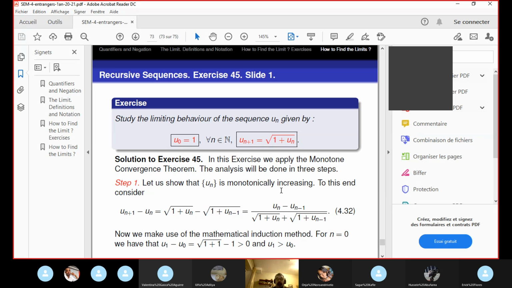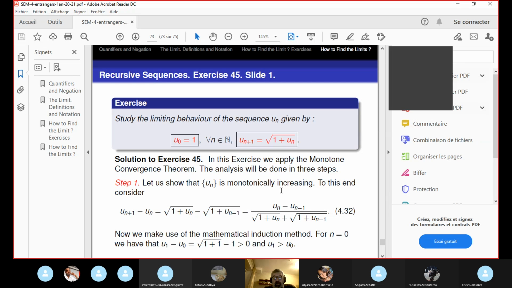You see, as stated in the formulation, we want to study the limit behavior, that is, to find the limit if this limit exists.